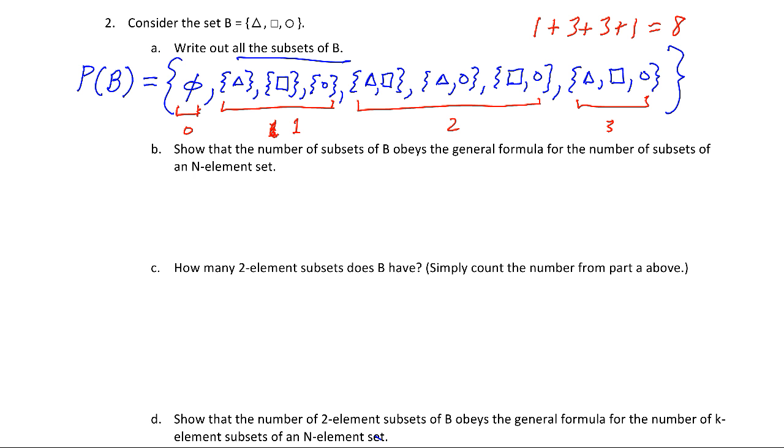You'll notice the 1, 3, 3, 1 is one of the rows, the third row in fact, in Pascal's triangle. So the number of subsets of B obeys the general formula for the number of subsets in an n-element set. The number of subsets in an n-element set is in general given by 2 to the n.